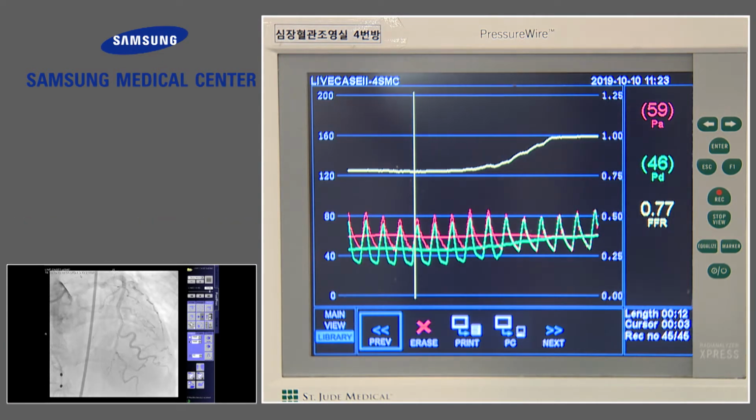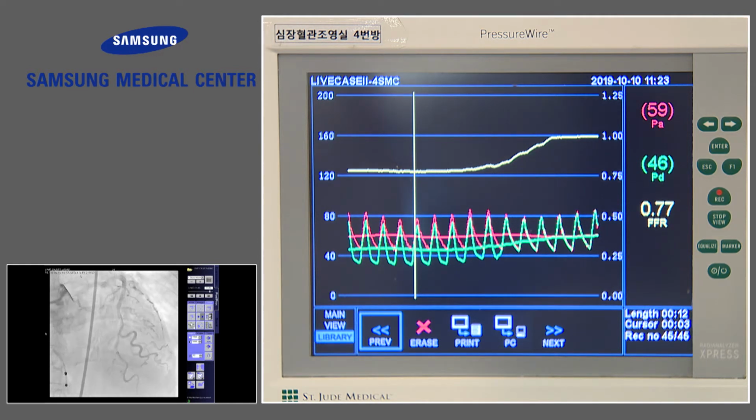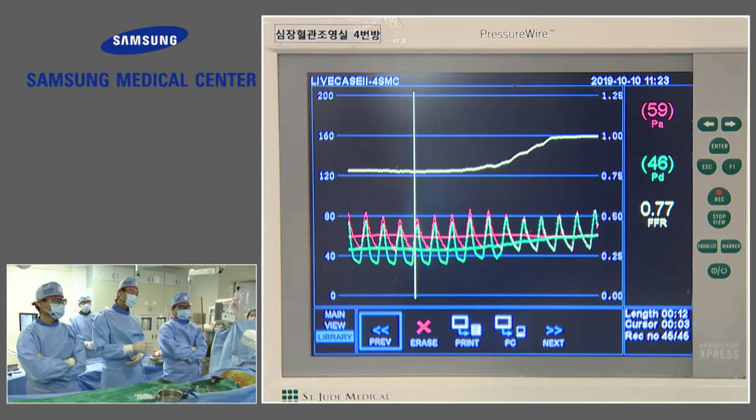Several months ago, I performed a similar case. At that time, before TAVI, FFR was 0.82, but after TAVI, it was 0.72. So I would recommend a post-TAVI FFR procedure and then PCI. Of course, we are in the coronary theater, so this is not a TAVI procedure.